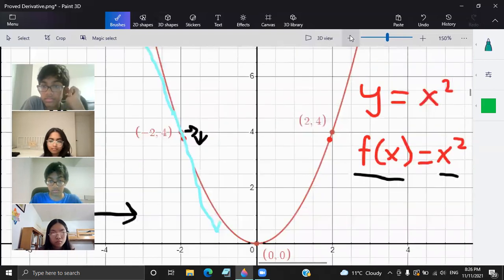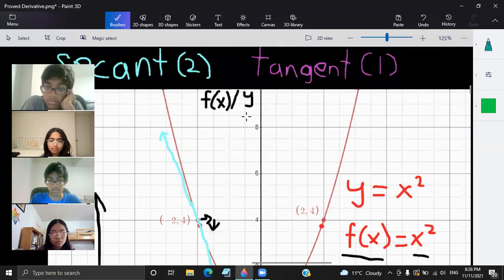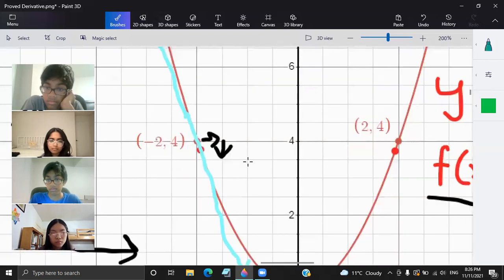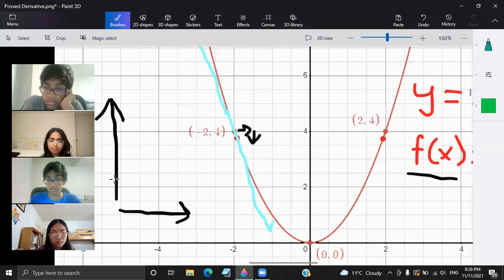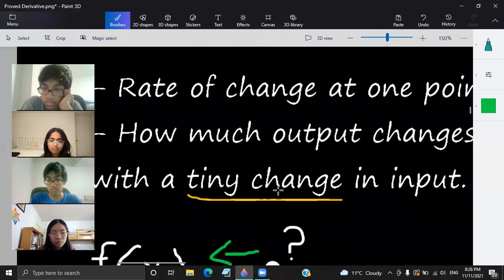In the end, the only reason we have a graph is because we've chosen to represent the information that way. That's what I said last lesson. We just put the information as input on this axis, output on this axis. And that's what we're doing with the slope. We're seeing input change versus output change. This derivative is just making that very small.